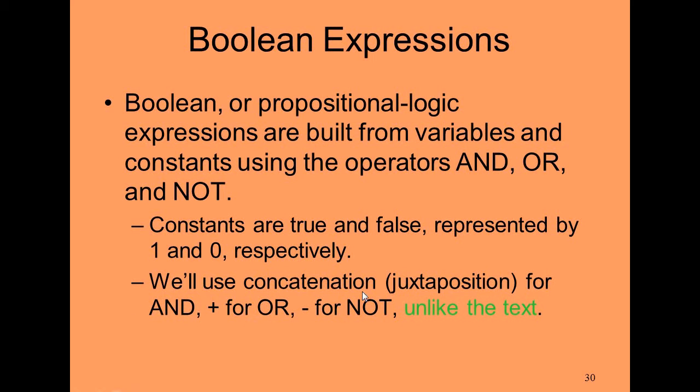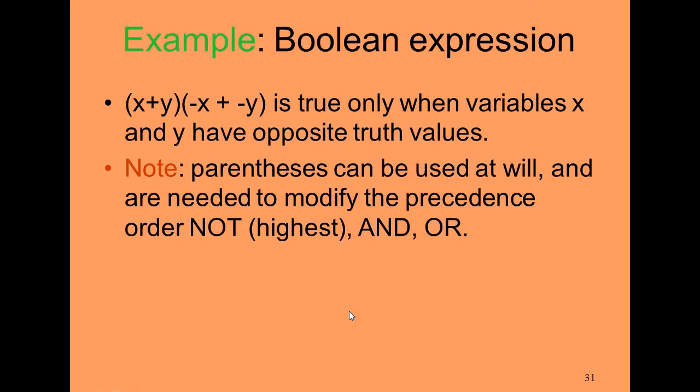We will use concatenation, that is juxtaposition, or in some notations the dot operator, which indicates the AND operation. Plus is for OR and minus is for NOT. A simple Boolean expression is given in this slide. This is one expression which is composed of OR, NOT and the dot operator, that is juxtaposition.